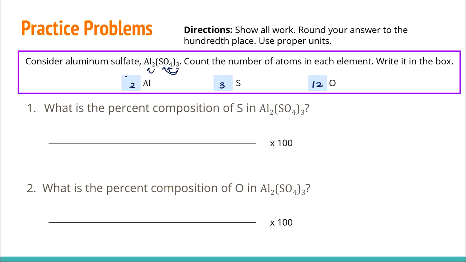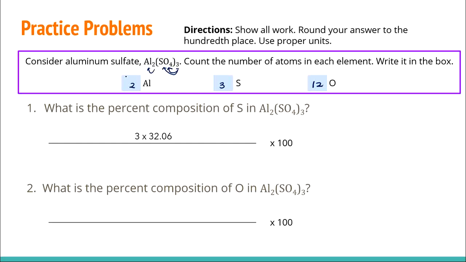Now, this is important for when we try to calculate the percent composition. So, what is the percent composition of sulfur in aluminum sulfate? Well, how many sulfurs are there? There are 3 sulfurs. So 3 times 32.06.